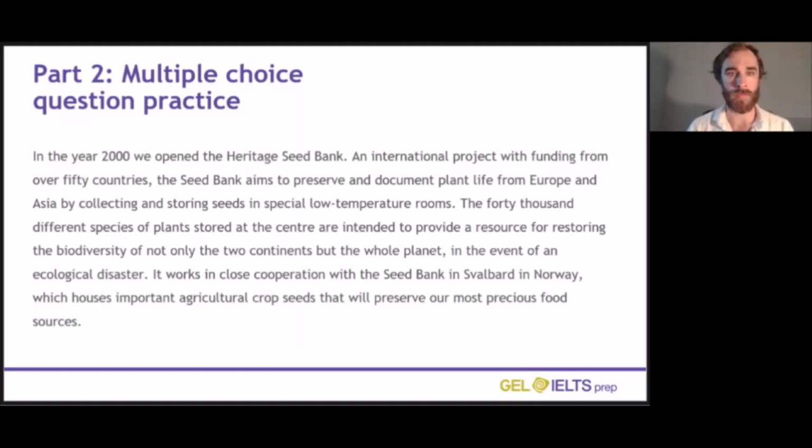The 40,000 different species of plants stored at the centre are intended to provide a resource for restoring the biodiversity of not only the two continents, but the whole planet, in the event of an ecological disaster. It works in close cooperation with the seed bank in Svalbard in Norway, which houses important agricultural crop seeds.